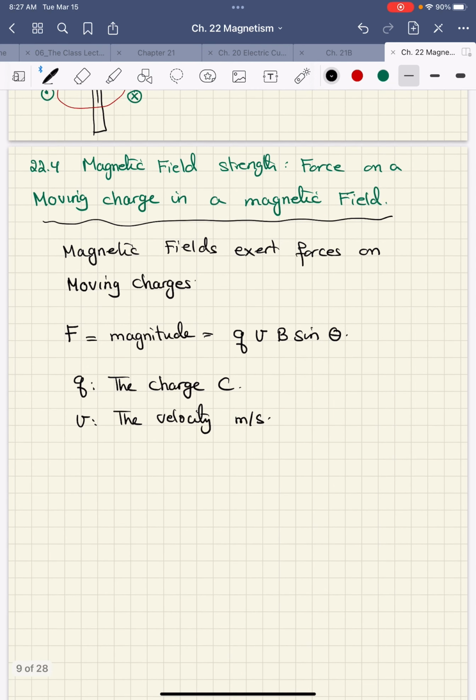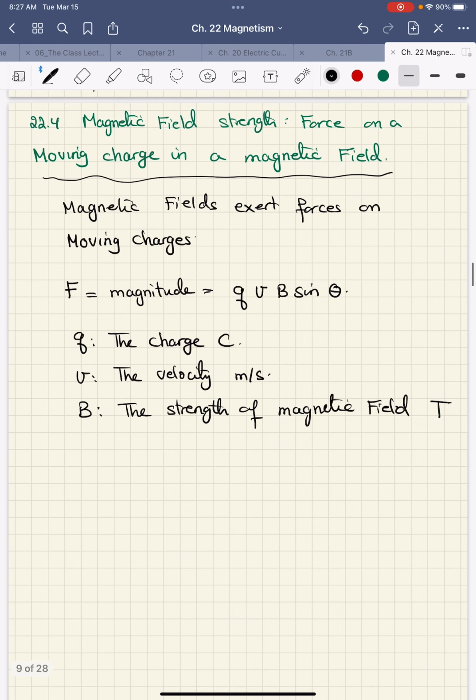And B is the strength of the magnetic field, and it is measured in Tesla. Of course, sine theta doesn't have a unit.